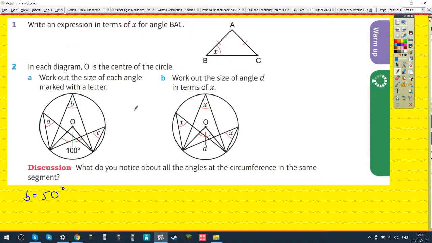So C. So they're subtended on the same arc. So it's like the B shape just moved over a bit.